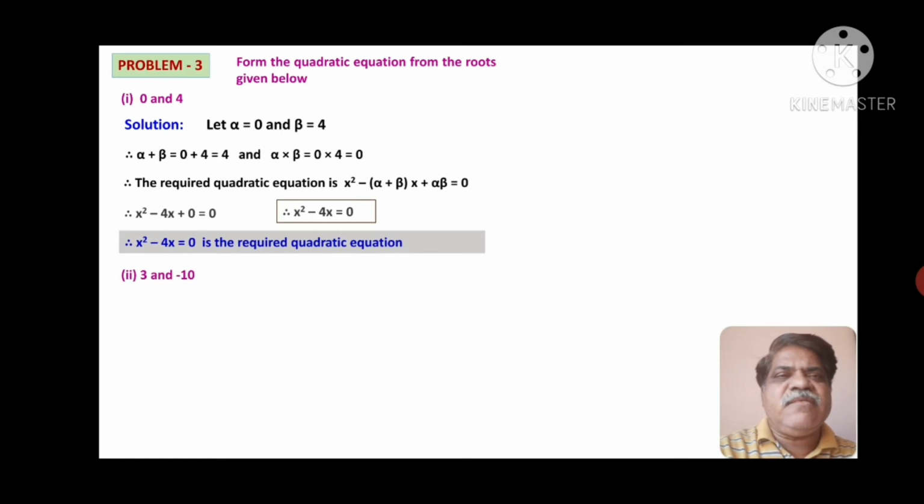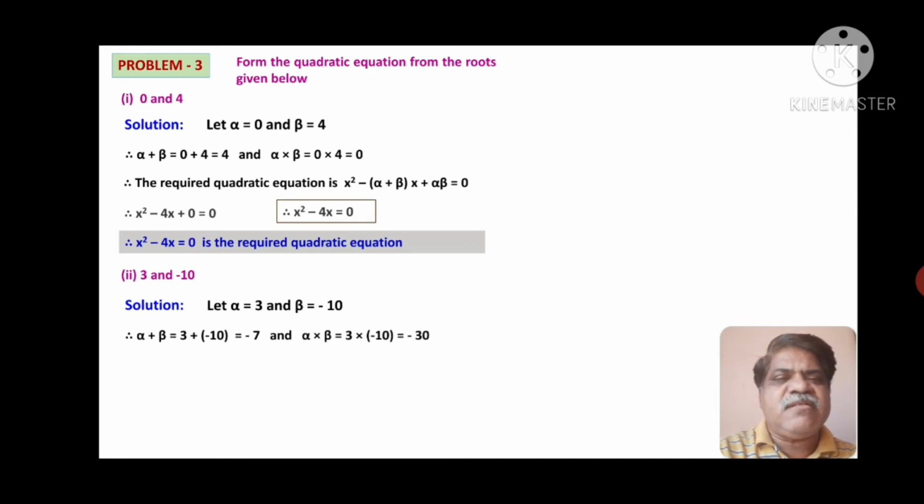Second, the given roots are 3 and minus 10. Here, let alpha is equal to 3 and beta is equal to minus 10. Now, alpha plus beta will be 3 plus minus 10, the difference is minus 7, and alpha into beta is 3 into minus 10, that is minus 30.